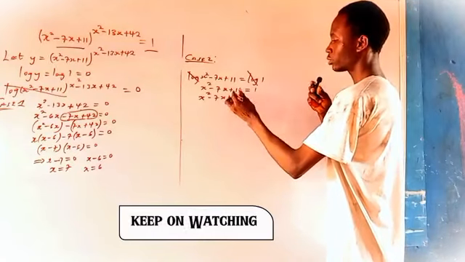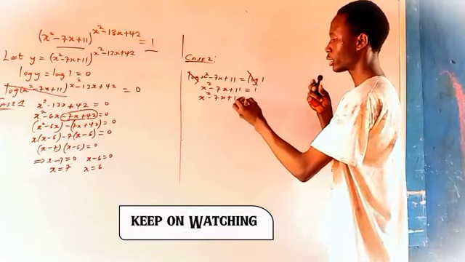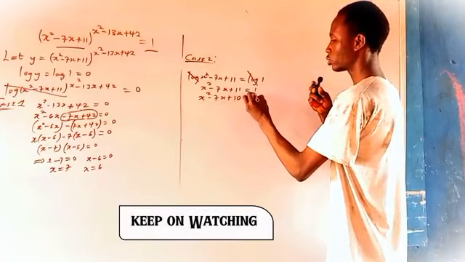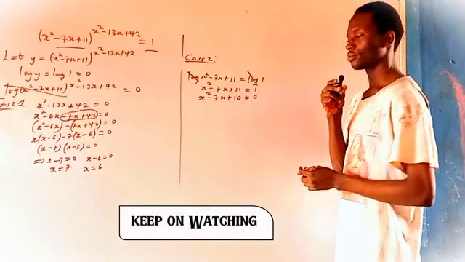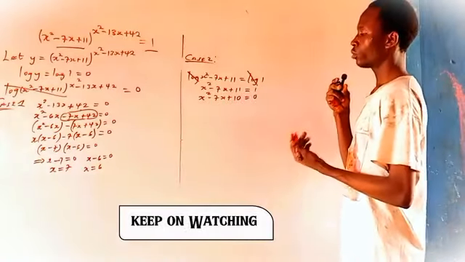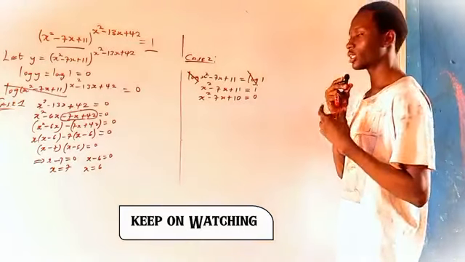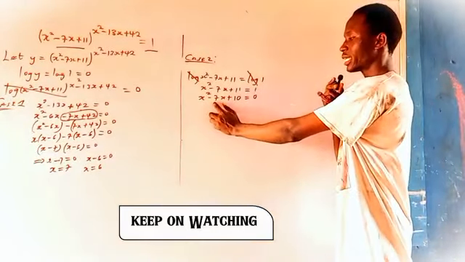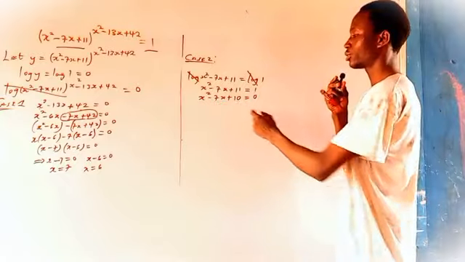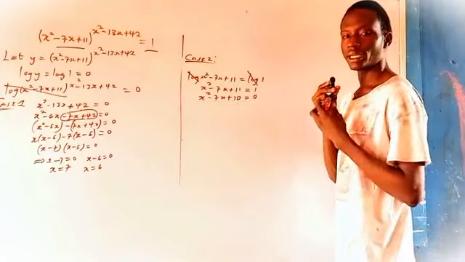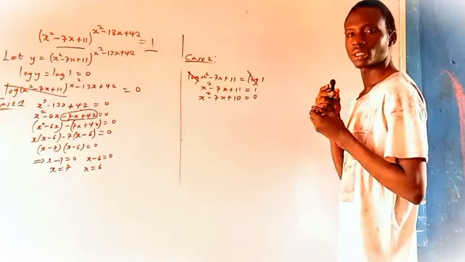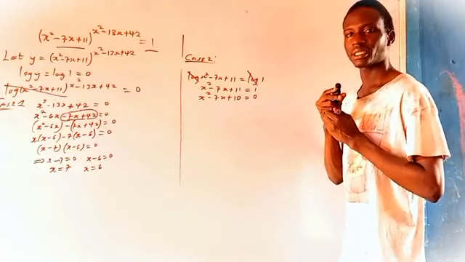So I'm having x to the power of 2 minus 7x plus 10 equals to 0. Now I can look for numbers that, if I add them together, the sum will be minus 7x, and if I multiply them together, the product will be 10x to the power of 2. And what's that number? That's negative 5x and negative 2x.